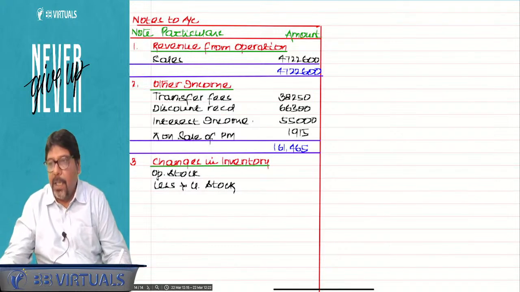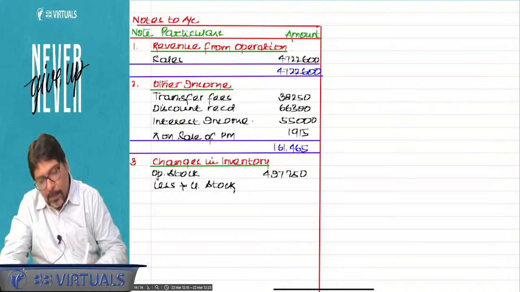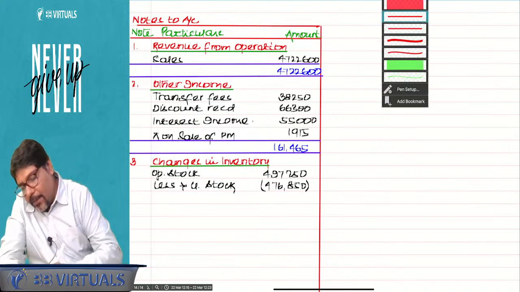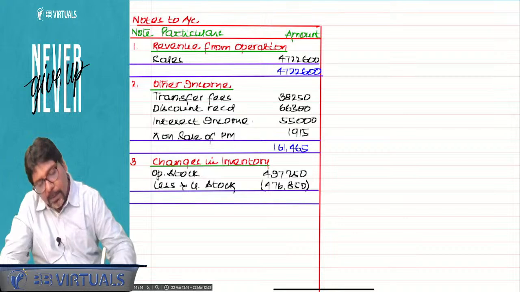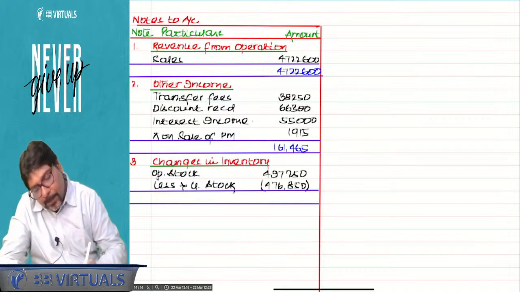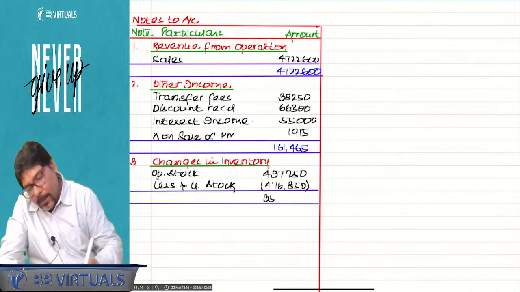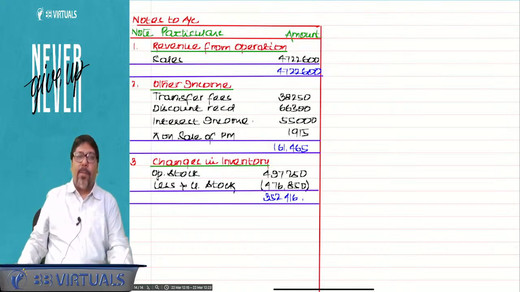Opening stock is 497,250, and closing stock is 476,850. That gives you what? 352,410.